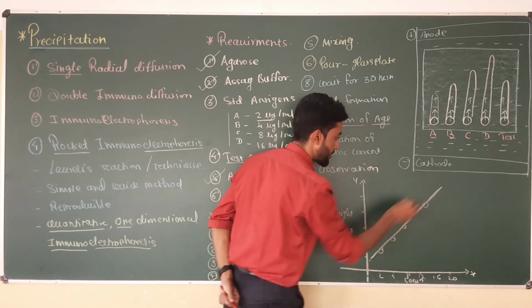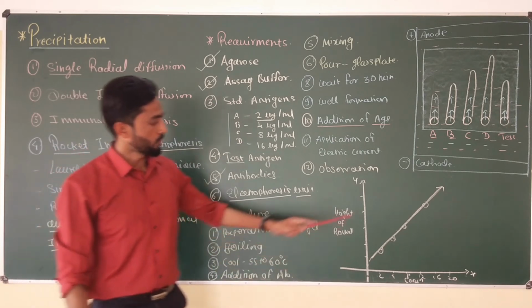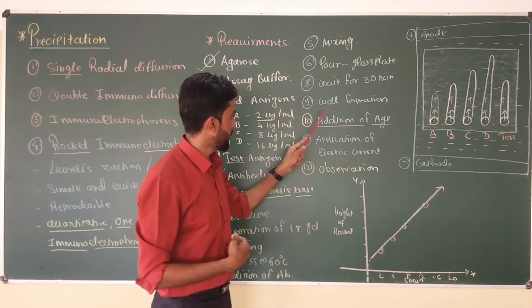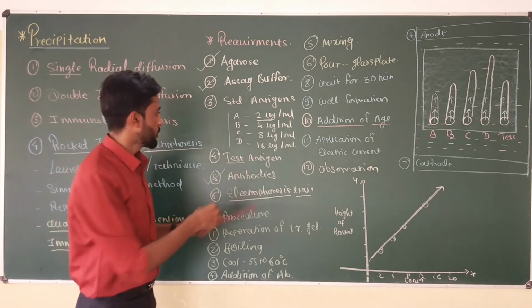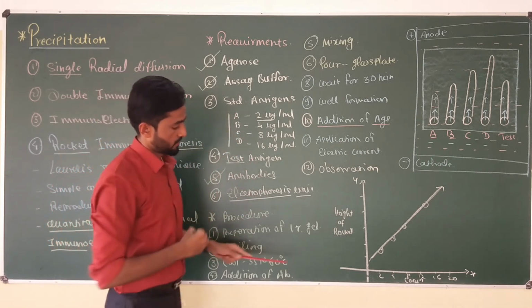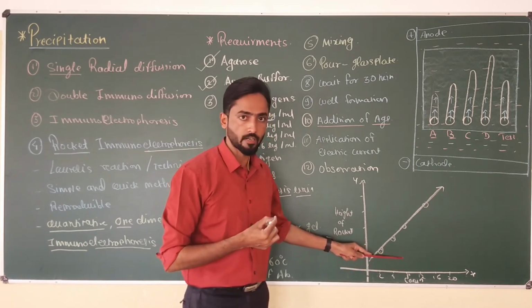This straight line, this graph, is the standard graph that we have prepared with the help of the standard antigen. So the use of the standard antigen is to construct the standard graph.